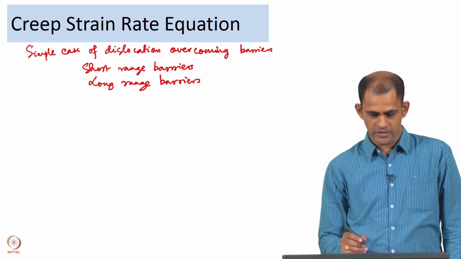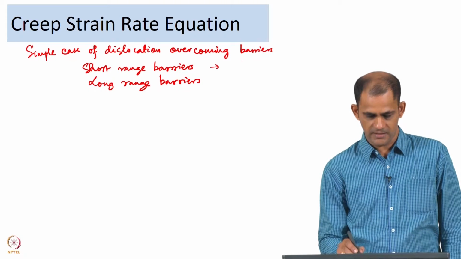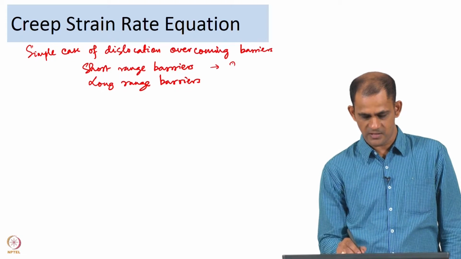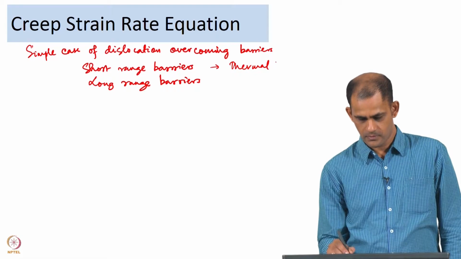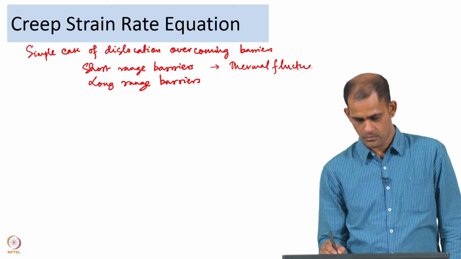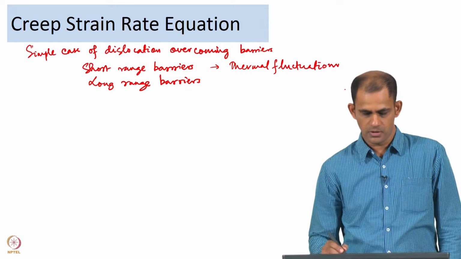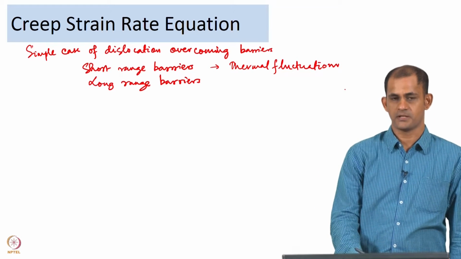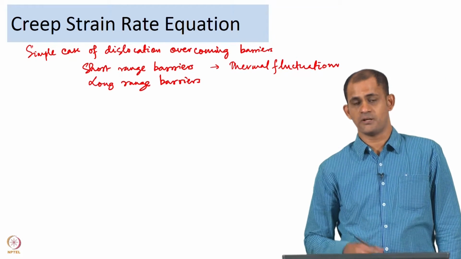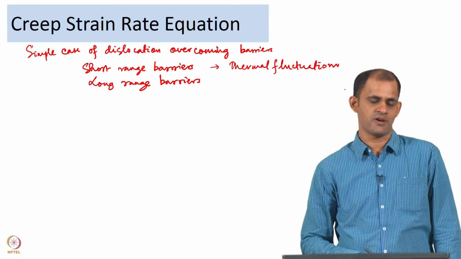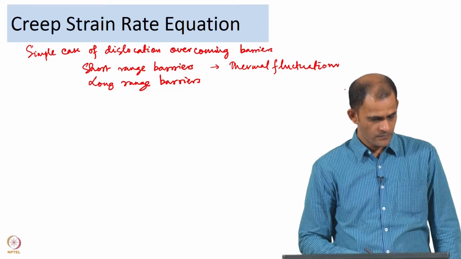And short range barriers, we said, it is possible to overcome by thermal fluctuations alone. So if the barrier is such that by providing thermal energy you can overcome the barrier.